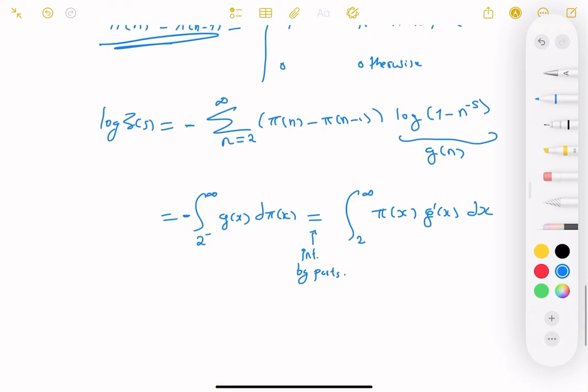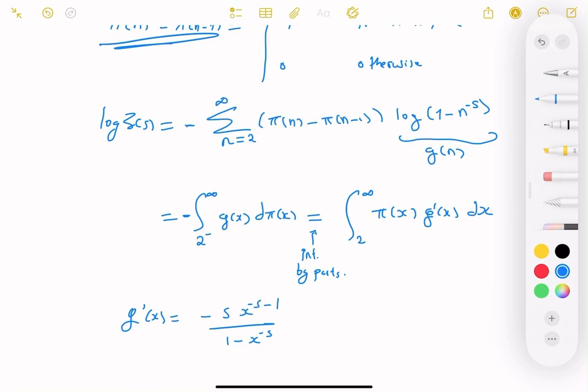The important observation here is that g prime of x is clearly minus s x to the minus s minus 1 over 1 minus x to the minus s.